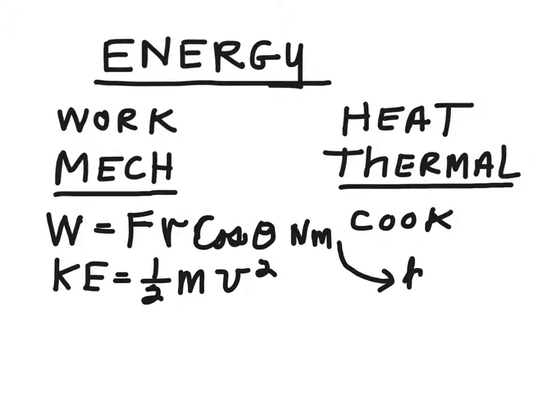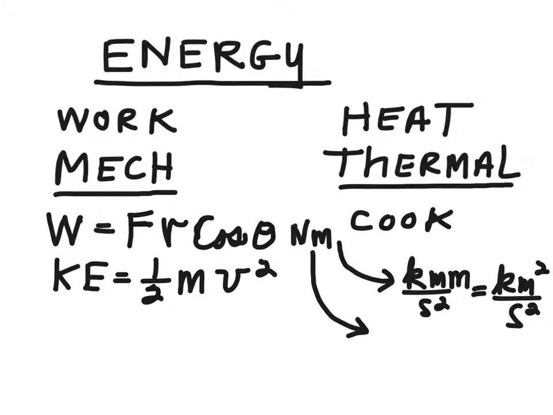And a newton is a kilogram meter per second squared, and when we multiply that by meters, we get kilogram meter squared per second squared. So that's the unit of energy in its fundamental units. We can also write it as Newton meter, or we give it another name.